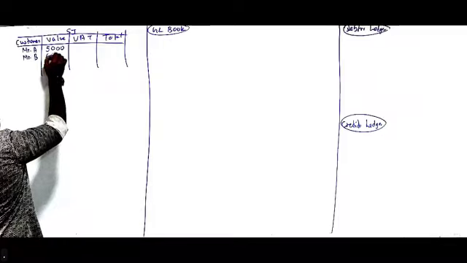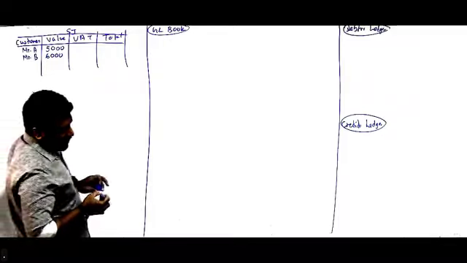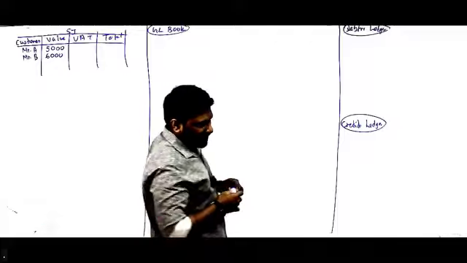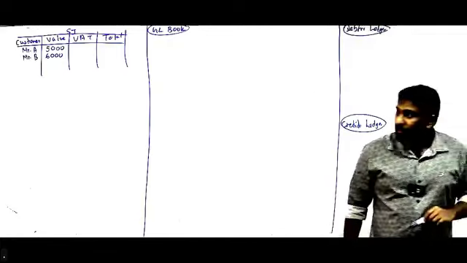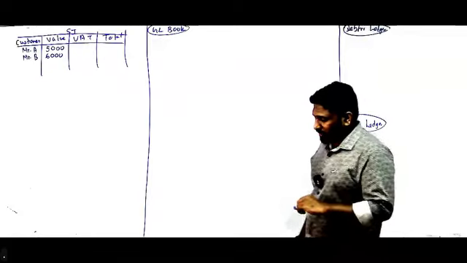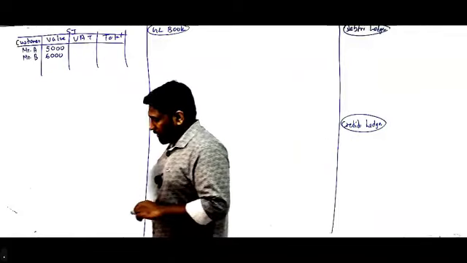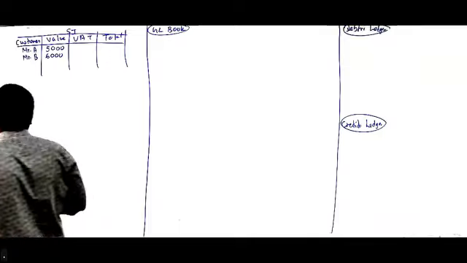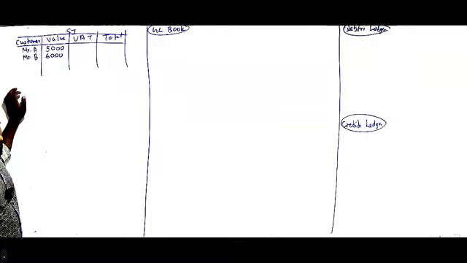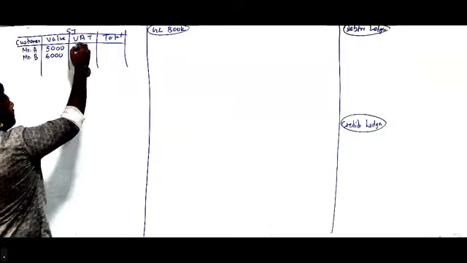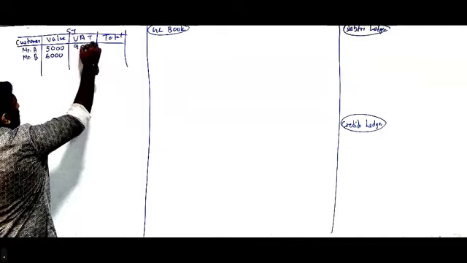Mr. A 5,000. Mr. B 6,000. Get me the 18% quickly. VAT amount 18%. 5,000 at 18%. How much? 900.